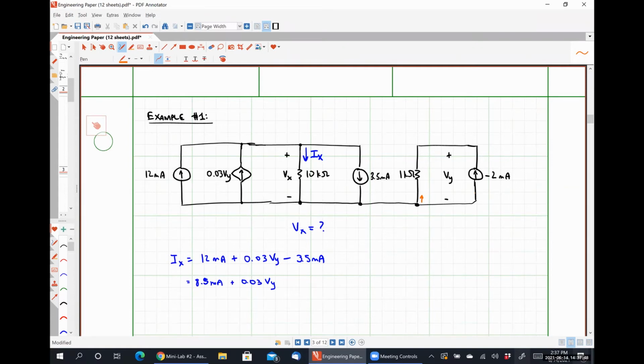Instead, let's apply Ohm's law, because we know that there is a fixed current flowing through that resistor. So I'm saying that Vy is equal to my 1 kilo ohm resistor multiplied by the current that's flowing into the positive polarity terminal, which is positive 2 milliamps or negative 2 milliamps.